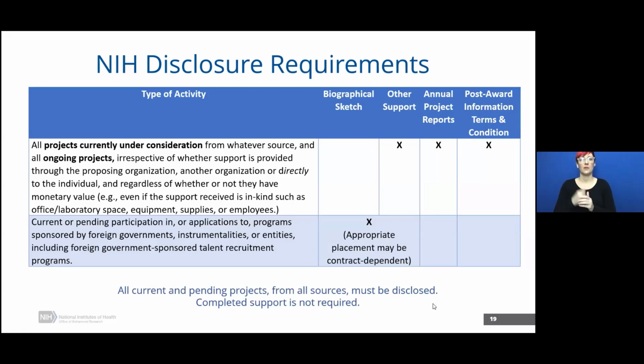For projects that are currently under consideration from whatever source, ongoing projects, irrespective of whether that support is provided through a proposing organization, another organization, or directly to the individual, and regardless of whether or not there's money value engaged here, even if the support is received as in kind, such as laboratory space, office space, equipment, supplies, or employees, that is required at just in time or at the time of the RPPR or as soon as the recipient knows about it and it's under the other support collection. Next slide.